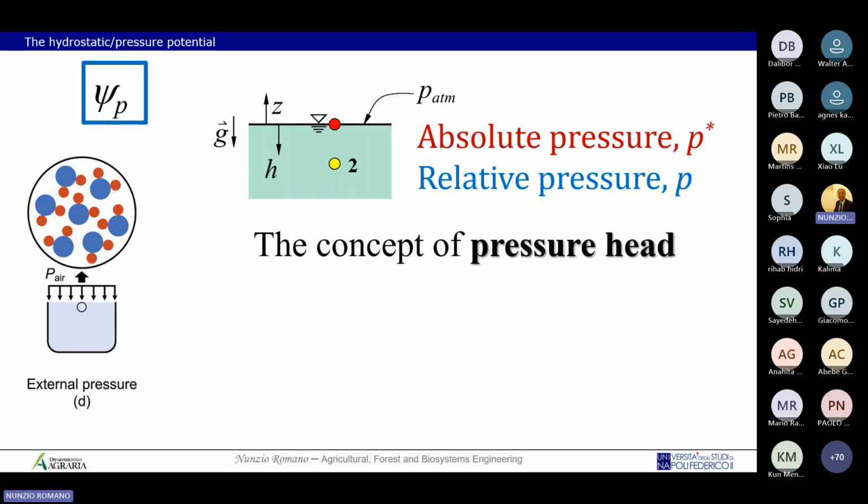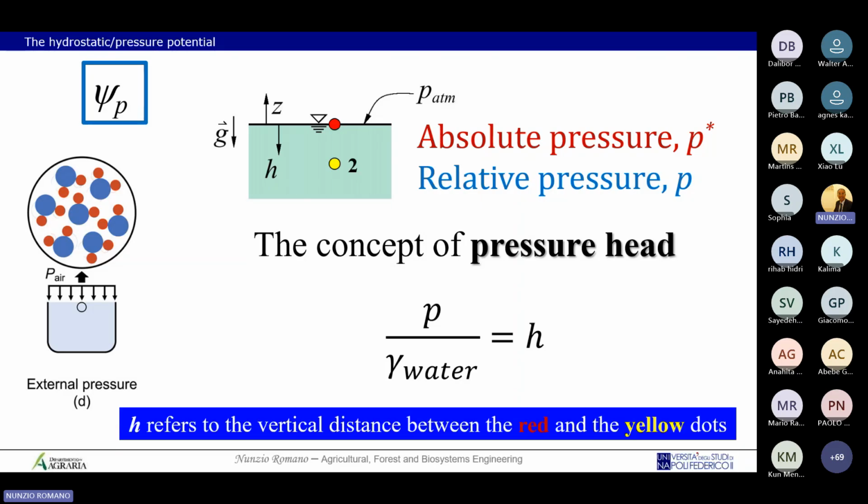But if we introduce the concept of a pressure head, we can see this pressure potential. If you divide the relative pressure by the specific weight of water, you have h. And h is just the vertical distance between the red dot and the yellow dot.